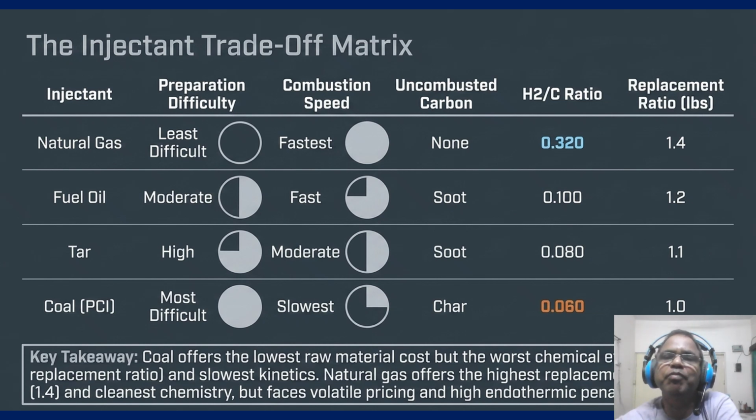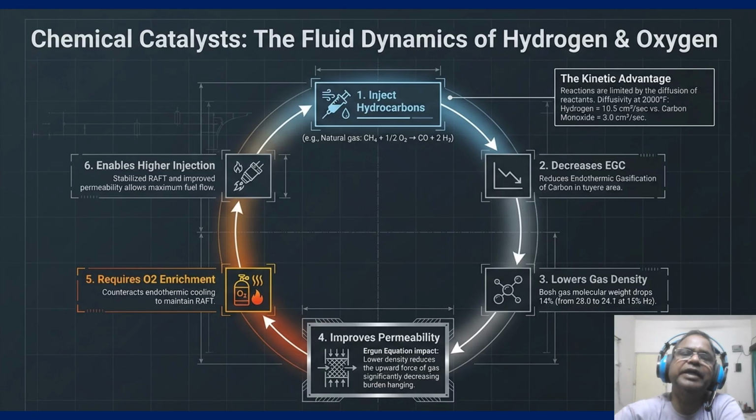So as a manager, you are not just buying the fuel, you are buying a specific combustion speed and a specific hydrogen to carbon ratio that will dictate your furnace's internal breathing. That breathing is physically enhanced by the unique fluid dynamics of hydrogen and oxygen, which is our next slide.